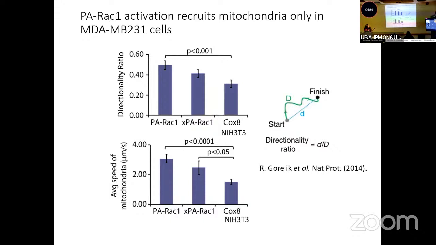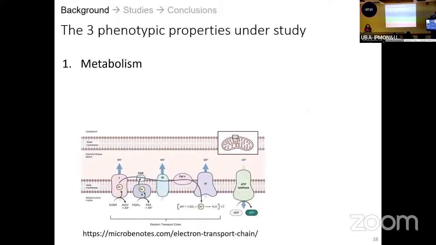And you could see that using photoactivatable RAC, we had higher directionality. If we don't photoactivate RAC, we still get a high directionality ratio. And this is just the control with nothing. We just don't do anything. And then the average speed of the mitochondria also correlates with the photoactivation of RAC.